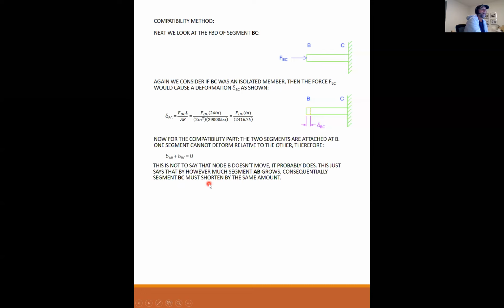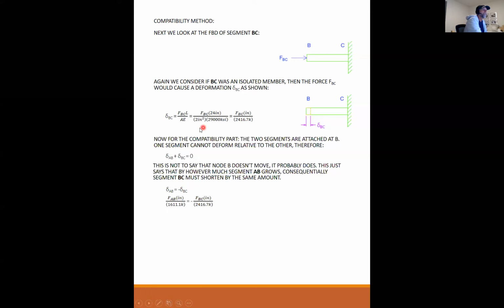Or the opposite, however much segment AB will shrink means segment BC will elongate by the same amount. Because overall, the whole thing still is 5 feet long. It's forced between two hard points. It can't be anything other than 5 feet long. Okay, so that does mean that delta AB is equal to the negative of delta BC.